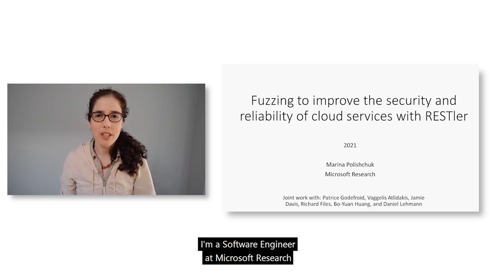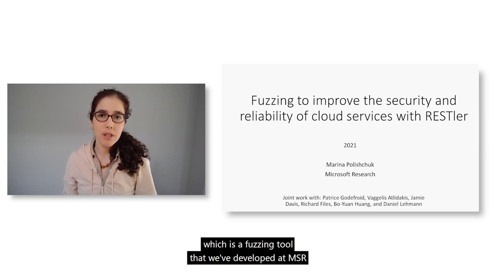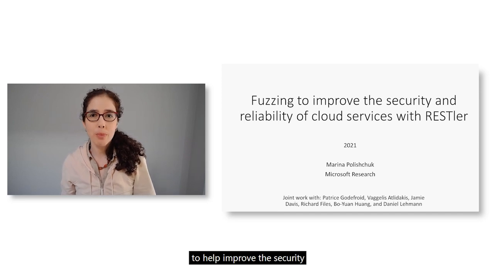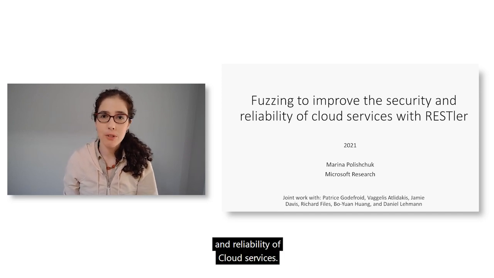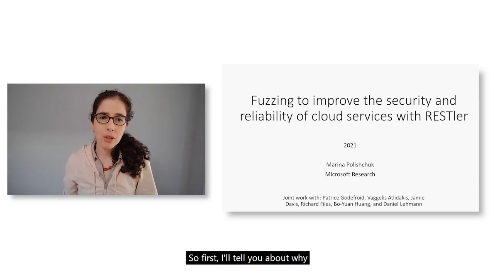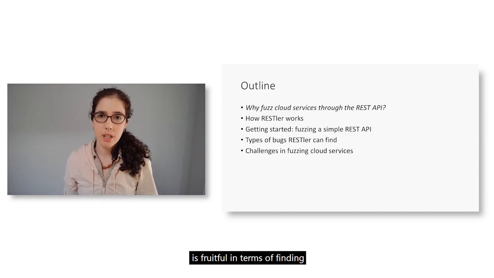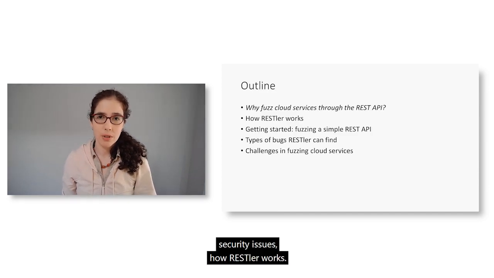I'm a software engineer at Microsoft Research, and today I will tell you about RESTler, which is a fuzzing tool that we've developed at MSR to help improve the security and reliability of cloud services. So first I'll tell you about why fuzzing cloud services through the REST API is fruitful in terms of finding security issues, how RESTler works.